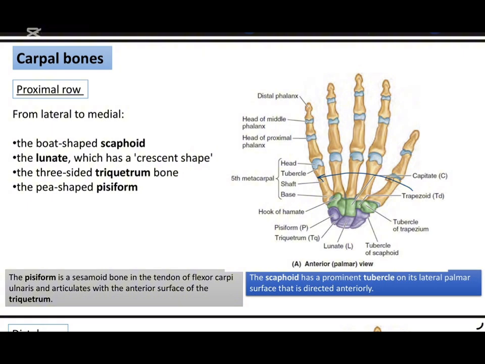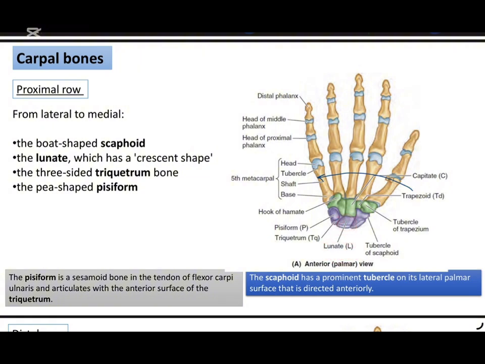First, this one, I call it the scaphoid, okay? This scaphoid, شافوها, it looks like a boat. It is boat-shaped bone. It has tubercle. I call it tubercle of scaphoid. Next, I have the lunate because it's crescent in shape.